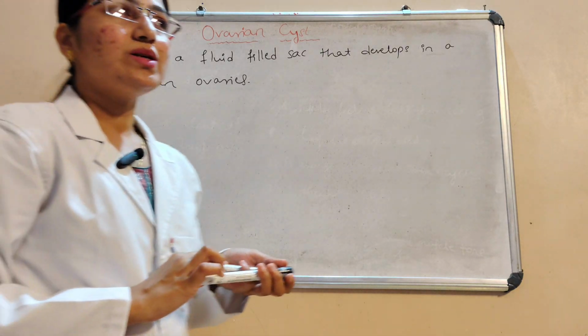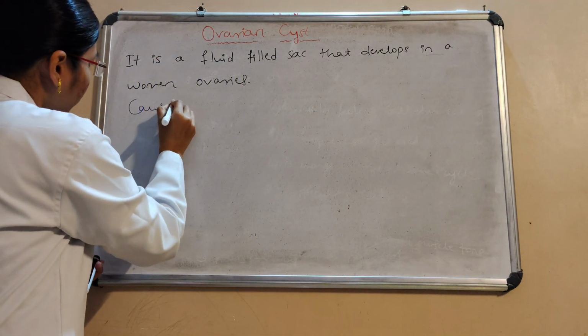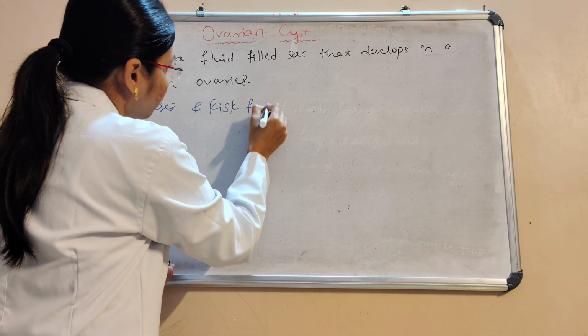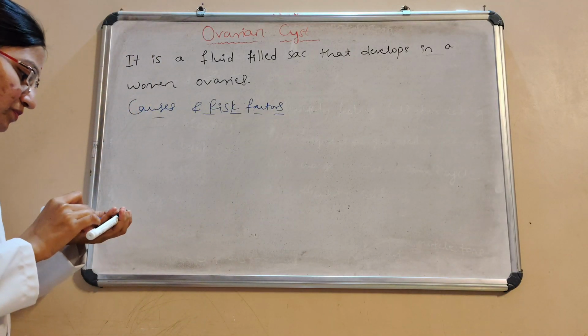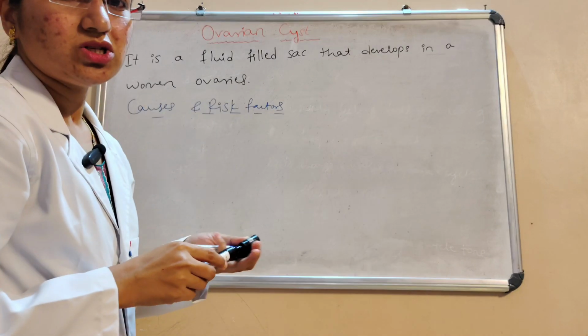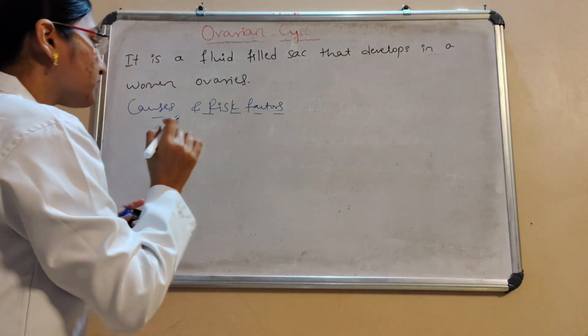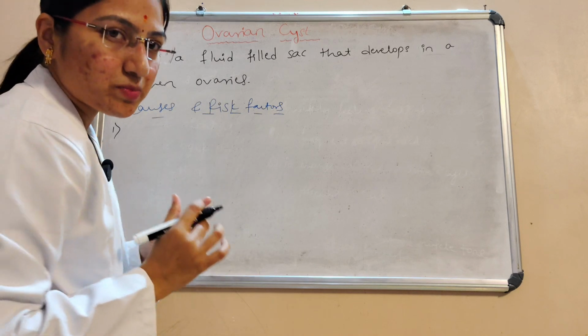Next we'll see causes and risk factors of ovarian cyst. First and foremost, there will be the previous history of ovarian cyst. This is the main cause or risk factor we can say.